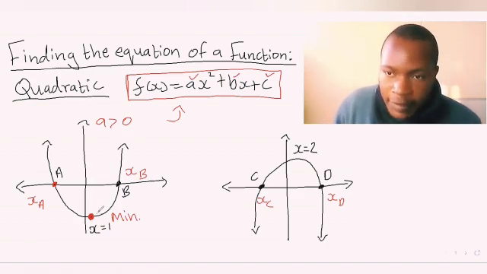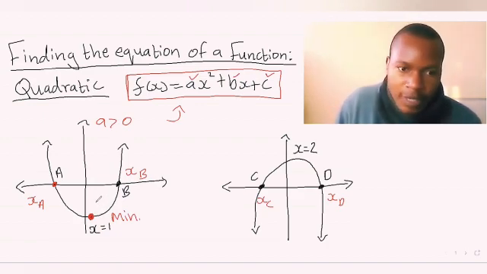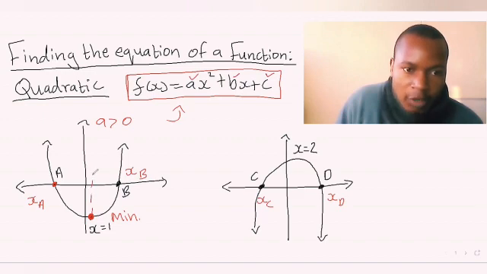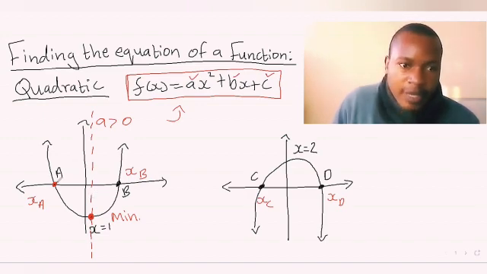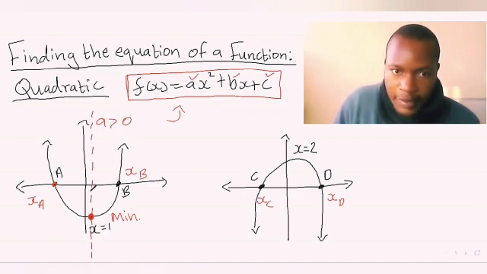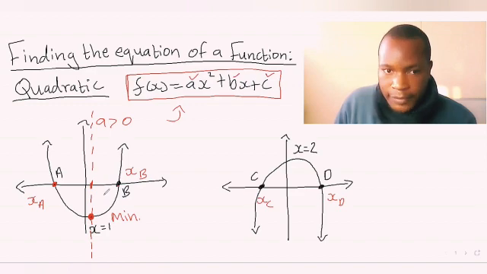Remember that the x value of your turning point is also your axis of symmetry, which cuts the graph in half. So the distance from A to the axis of symmetry and from the axis of symmetry to B is the same.